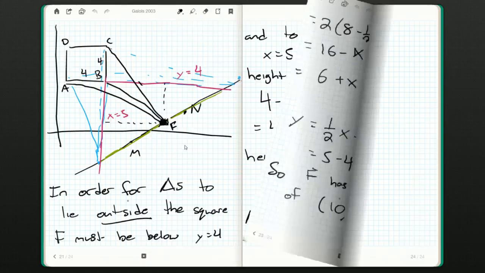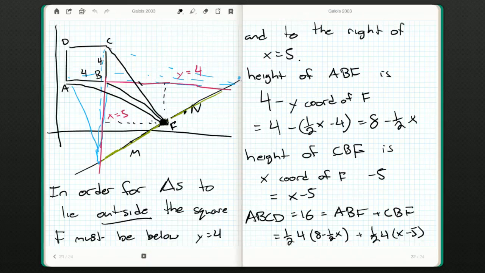And if we wanted to, we could go back and check things like, does that actually lie below y equals 4 and to the right of x equals 5? Do these heights make sense? Okay, well in this case we're going to get a height of 3, not something like -3, which would have thrown our calculation off. And here we're going to get a height of 5, and that also makes sense. No negative heights, no 0 heights, nothing like that.